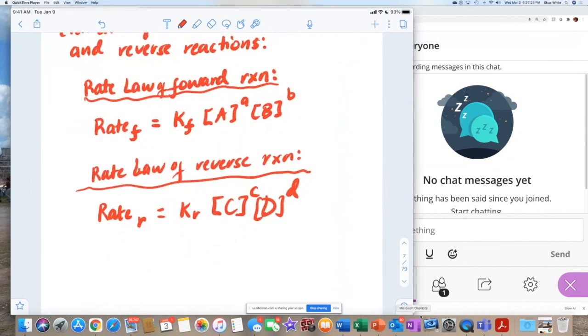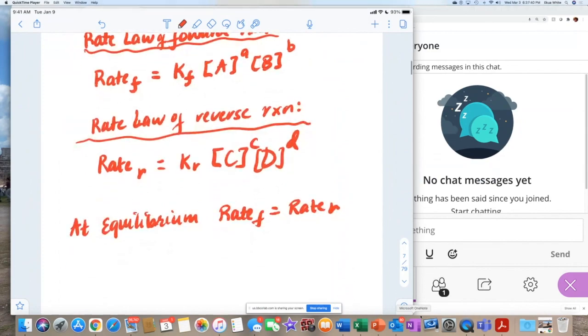Okay, what did we say about equilibrium? At equilibrium, rate forward equals rate reverse. Okay, so in the place of rate forward, I'm going to put this here. In the place of rate reverse, I'm going to put this here.